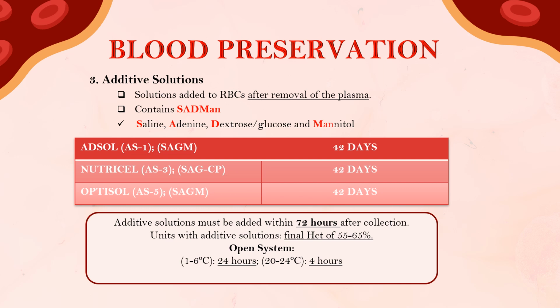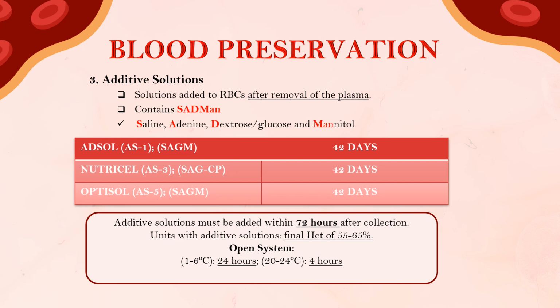And by the way, class, your mannitol here serves as your RBC membrane stabilizing agent during storage. We have here examples of additive solutions used in the blood banks. We have Adsol or AS1 or additive solution 1, Nutricell or AS3, and Optisol, also known as AS5.